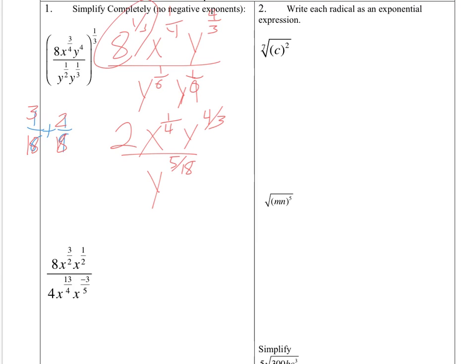And finally for this part, we're looking at combining my two y's by dividing. That means I'm going to be subtracting, so we're looking at 4/3 minus 5/18.